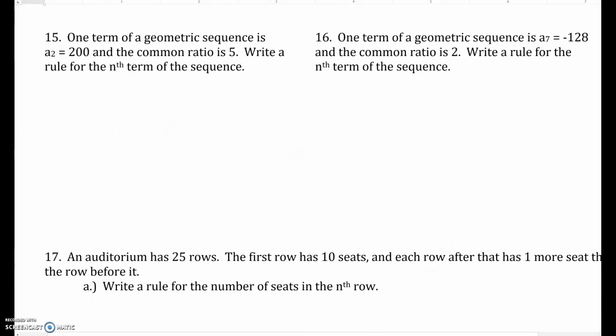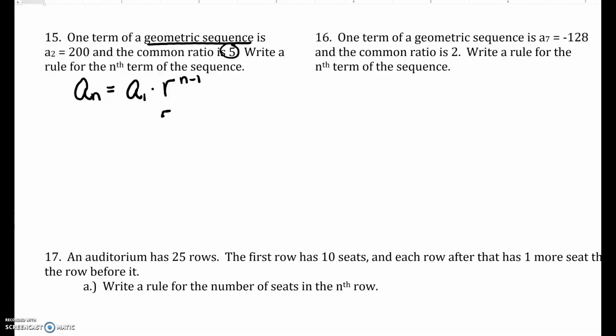Number 15 is exactly the same, but with geometric sequences. So when you see geometric sequence, you know you're going to use the rule a sub n, the nth term, equals the first term times the common ratio raised to the n minus 1. It tells you that the common ratio is 5.